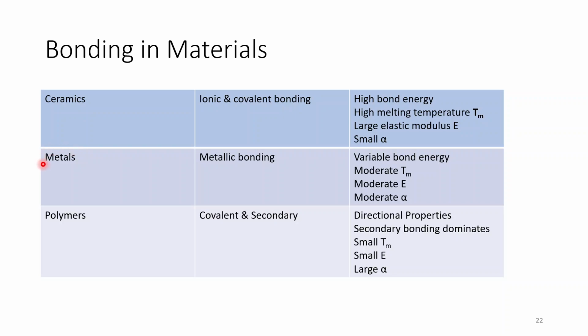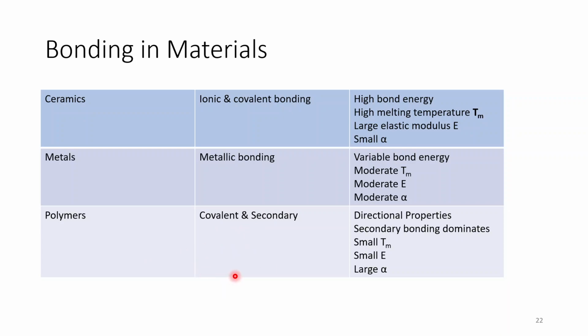In the case of metals, they have metallic bonding and they have moderate properties: variable bond energy, moderate melting temperature, elastic modulus, and also moderate thermal expansion coefficient. In the case of polymers, you have covalent and secondary bonding.